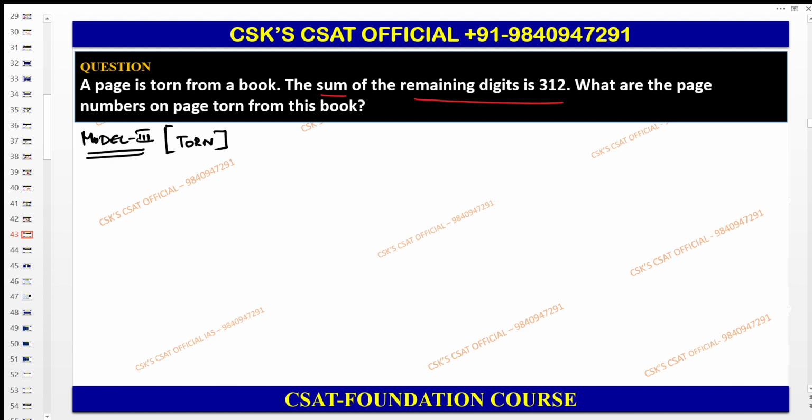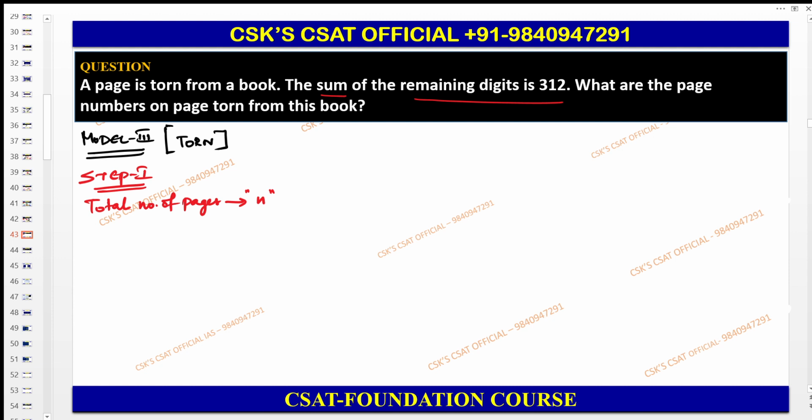We need to find out the page numbers which are torn from the book. Same procedure. Apply step 1 here. Here you don't know the total number of pages, so take the total number of pages as n. Learn this question very sincerely. I will give you the UPSC question, and you should solve it sincerely yourselves.